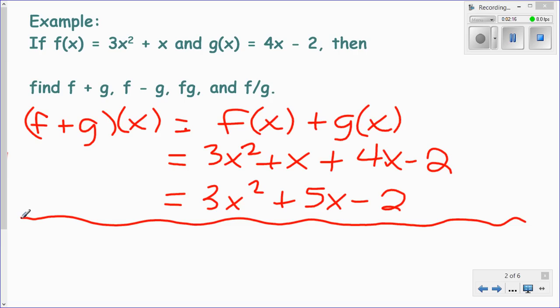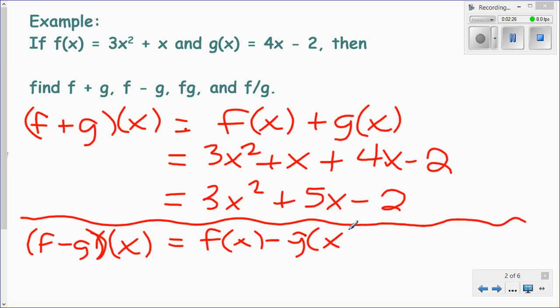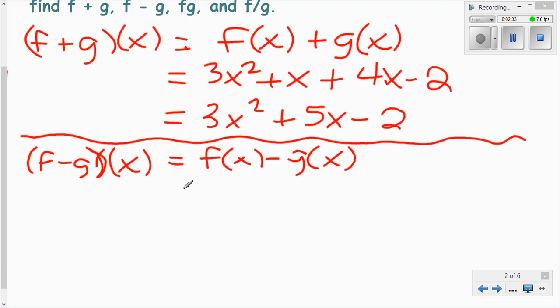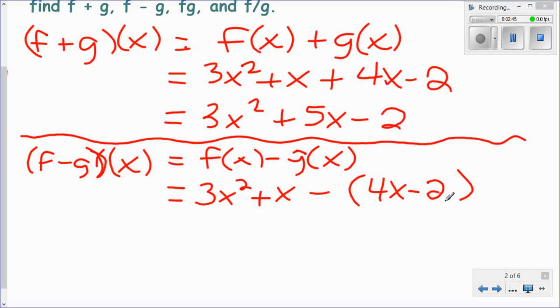All right, let's look at subtraction. F minus g of x is equal to f of x minus g of x. Now, when you're subtracting, it's important to put the second function in parentheses, in this case g of x. So we get 3x squared plus x minus (4x minus 2).